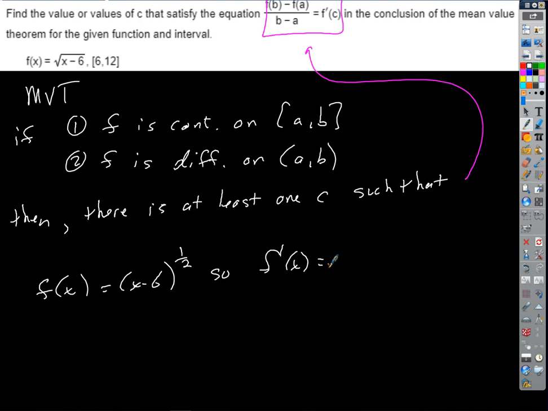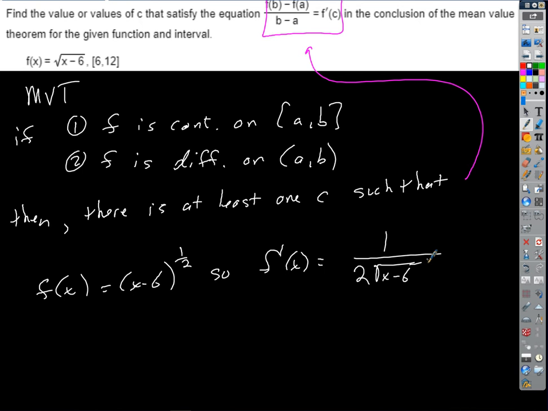So what's f prime of x then? I get 1/2 times x minus 6 to the negative 1/2, since I subtract 1, which puts it on the bottom. Now we can look at this derivative function and ask ourselves, is the derivative continuous on that interval? Yes, on the open interval.